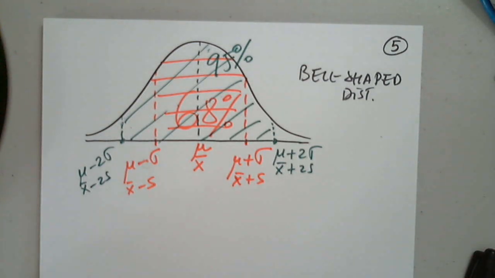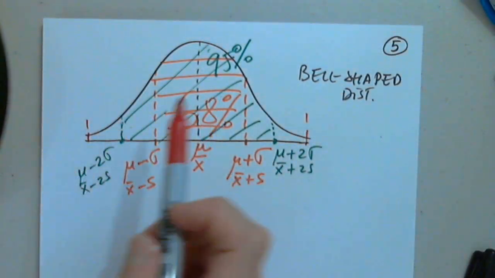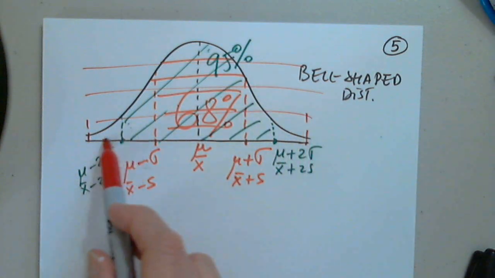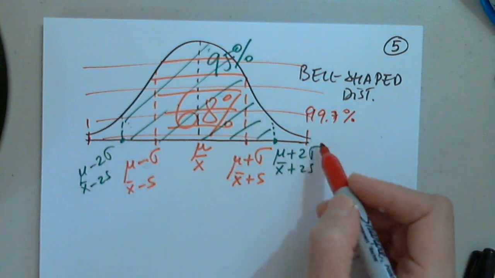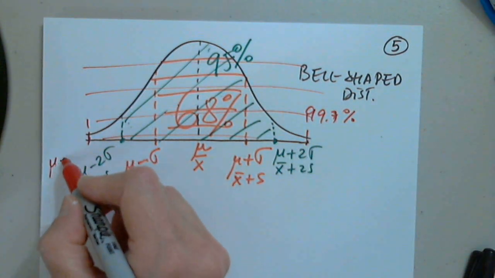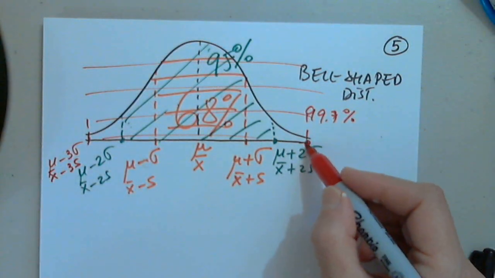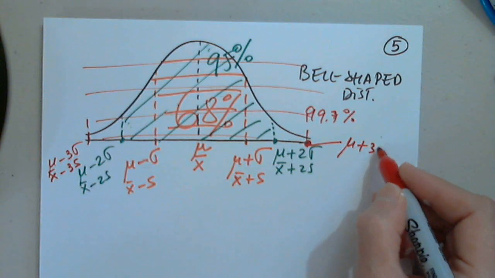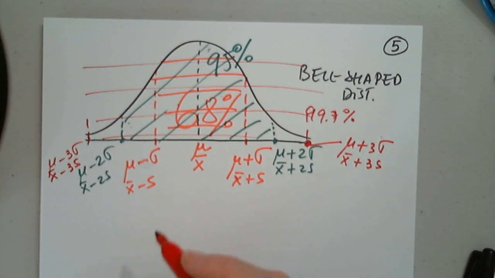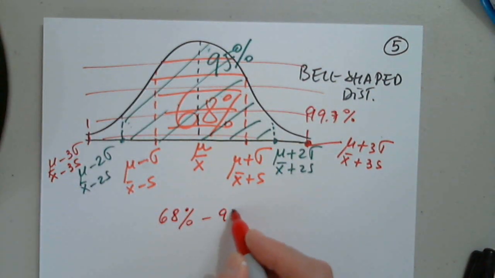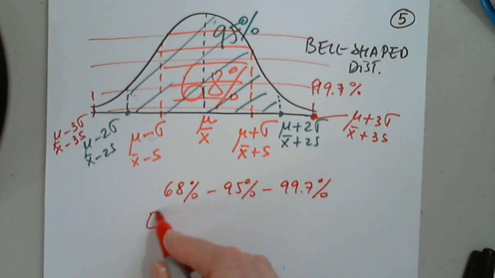And the last one is 99.7. Approximately 99.7% will be within 3 standard deviations. So mu minus 3 sigma or x bar minus 3s, same thing. And right here, this point is mu plus 3 sigma or x bar plus 3s. So 68%, 95%, and 99.7%. This is the empirical rule.